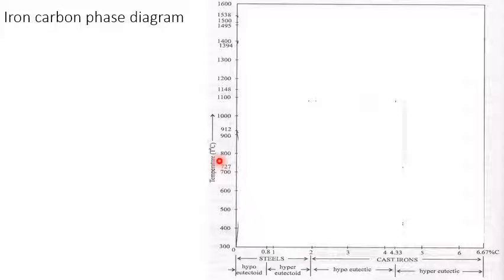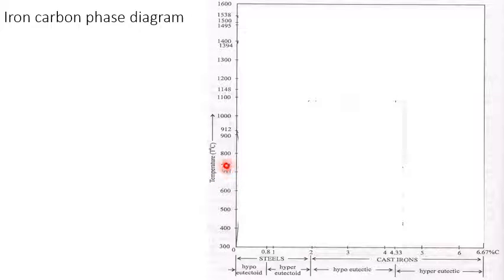And on the temperature scale, the room temperature, the normal temperature we have taken as 0, and 727, the next important temperatures 912, 1148 and 1395, 1495 and 1538. So 1538 is the melting point of pure iron, and 1495 is the peritectic temperature, and 1148 is the eutectic temperature, and 727 is the eutectoid temperature.